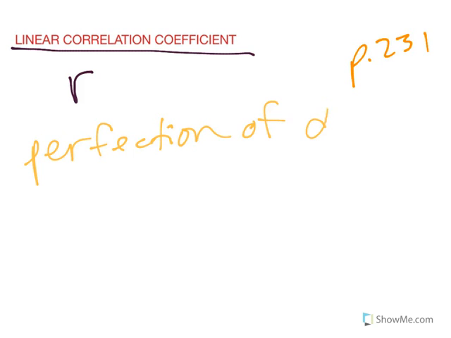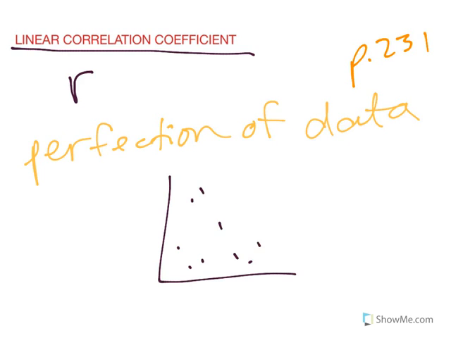And again, this would be easier to talk about in class because I can point to things more easily. But if we have data in our graph that is like this, and then your line goes here, notice that I have data way far away from my line. So this would have a very low linear correlation coefficient because my data is not very linear. So my data is not very perfect in terms of being close to the line.